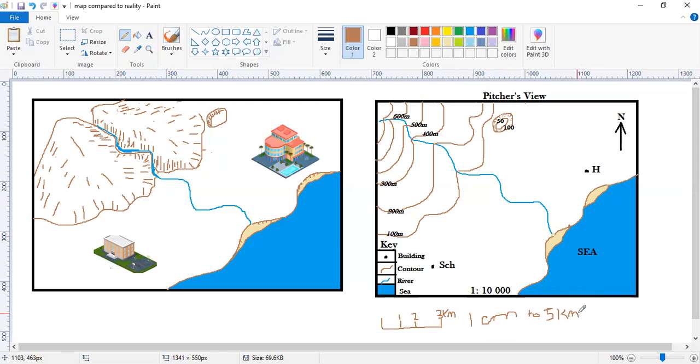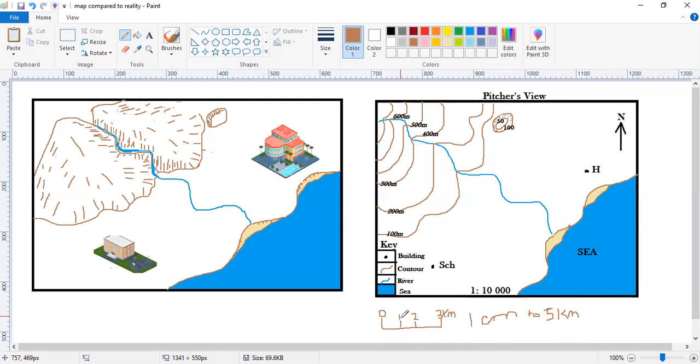In terms of the statement scale, the 1 centimeter is the map distance, the 5 kilometers is the ground distance. In terms of the linear scale, the actual space between this 0 and this 1 gives us the map distance. And this actual reading, 1 kilometer, we know that this space right here would be 1 kilometer.